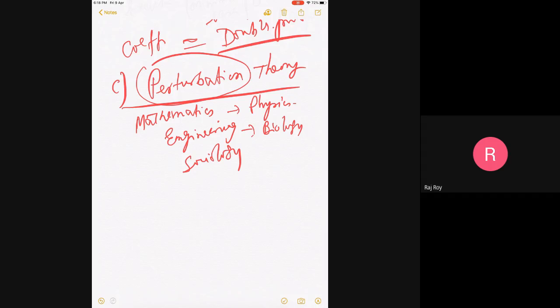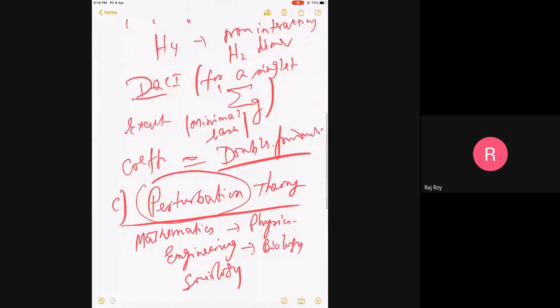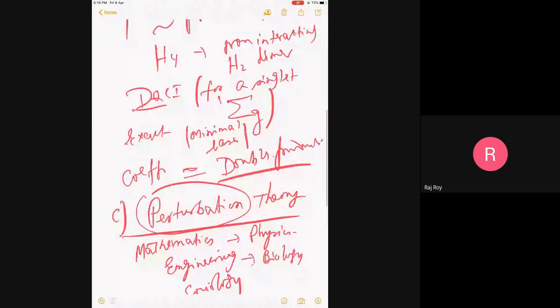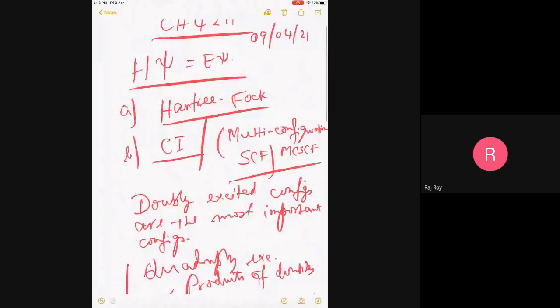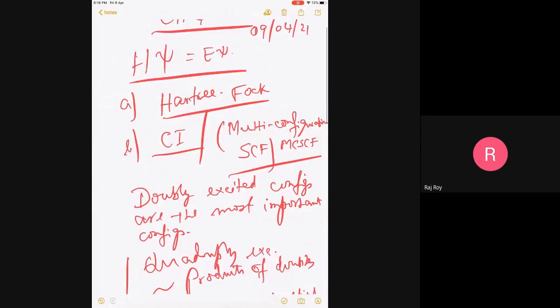Once you perturb the system, what happens to the system? That is what you describe with the perturbation theory. We will show you later how this perturbation theory helps me to solve the Schrodinger equation. But today I'm going to first present the perturbation theory in its generality.